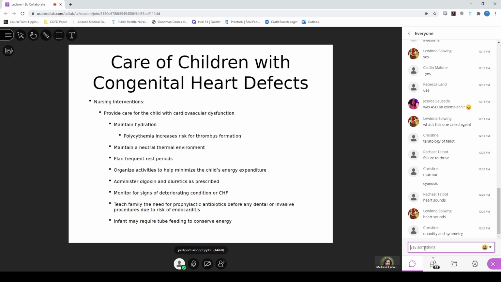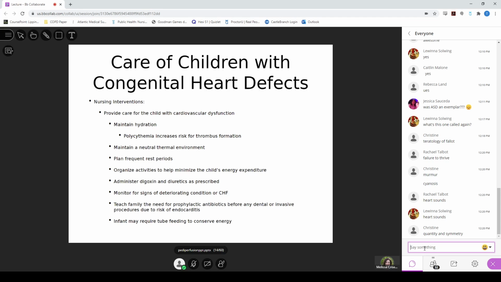So some of your nursing interventions, basically caring for the child with this dysfunction, right? So you got to maintain hydration. These patients don't have adequate oxygenation, so their body starts telling them that they need more red blood cells and more hemoglobin, more hematocrit to get the oxygen around in their body, when that's not actually what the problem is.